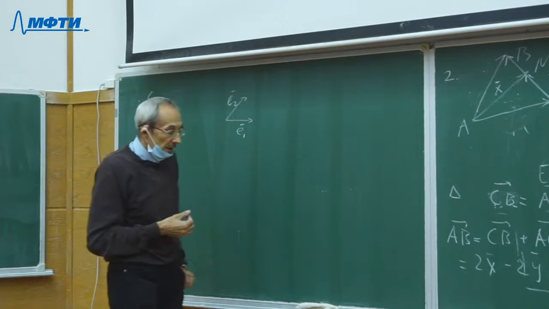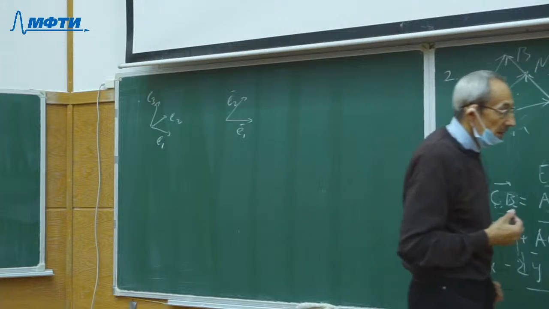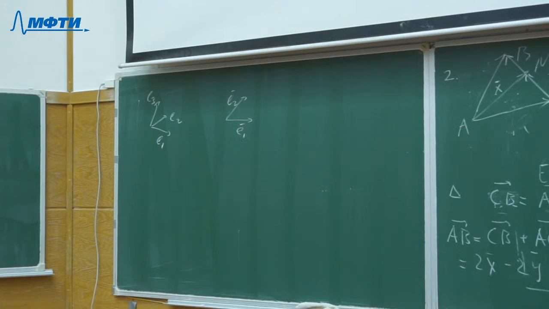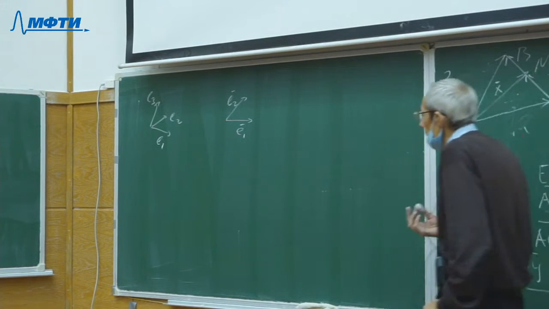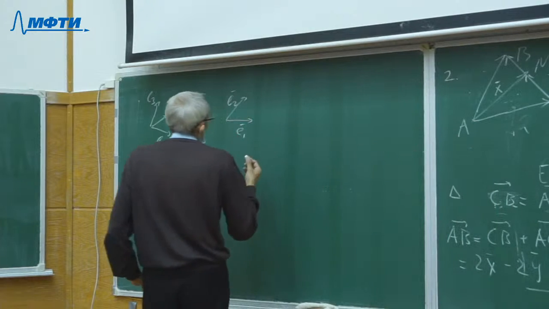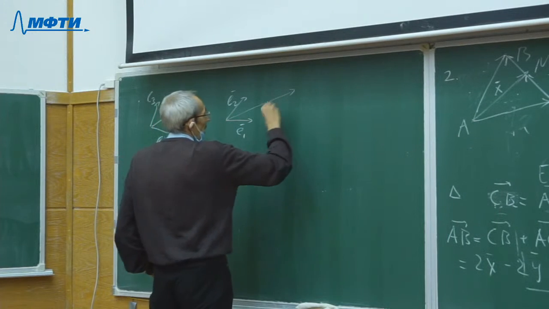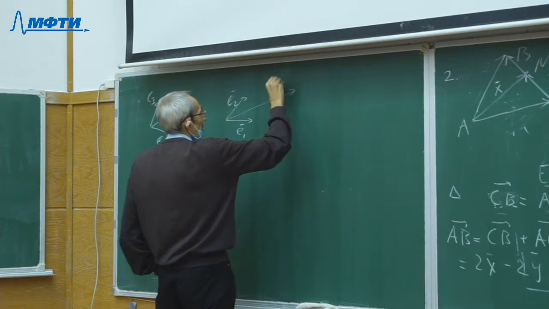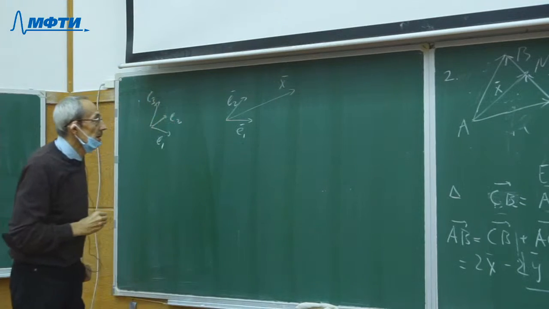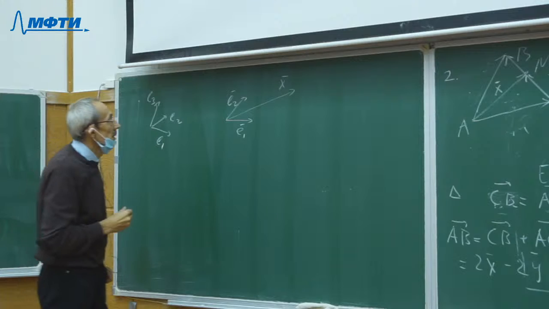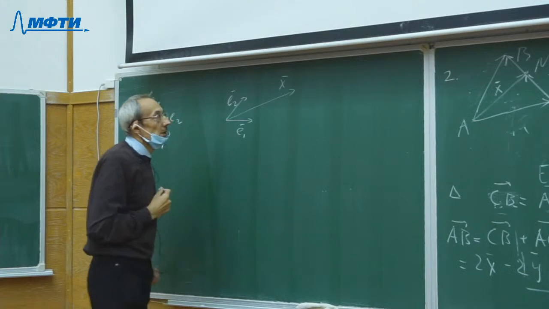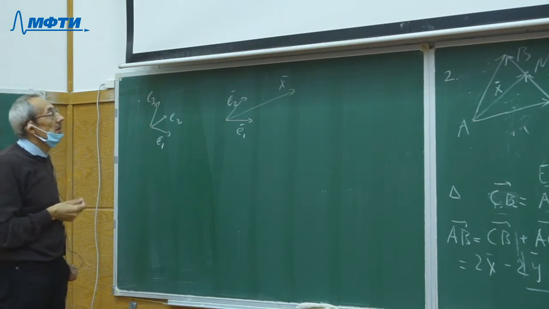What does it mean that vectors form a basis? This means exactly that for an arbitrary vector x there exists a unique linear combination of these vectors which is equal to x.